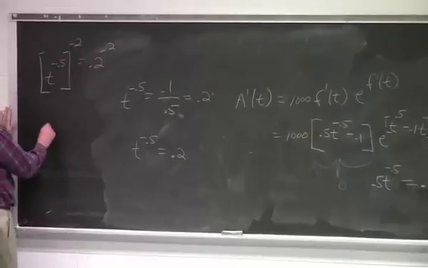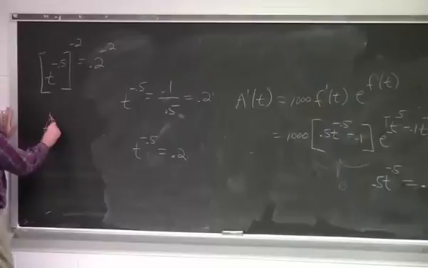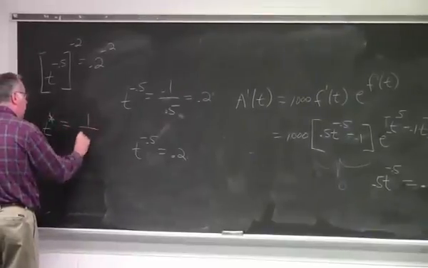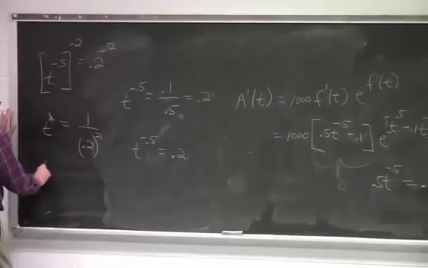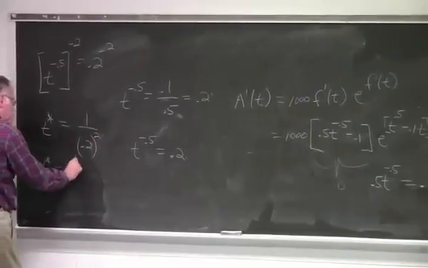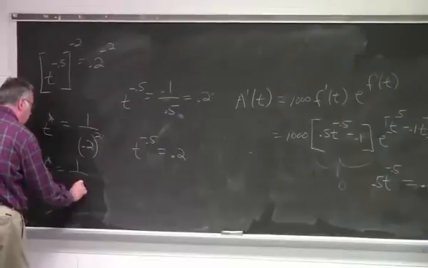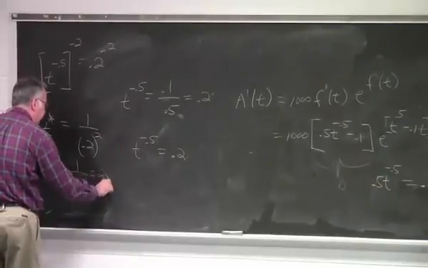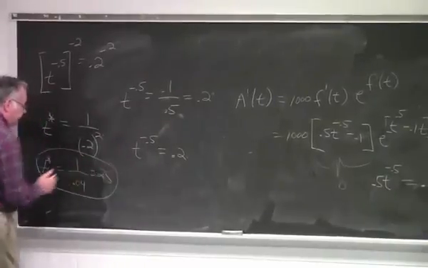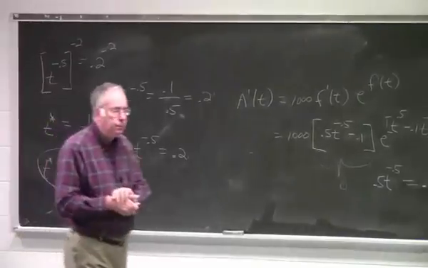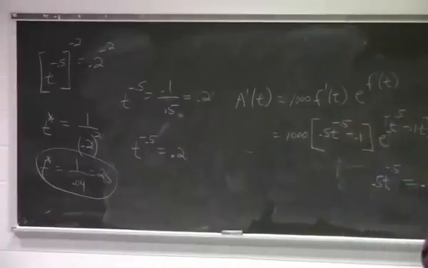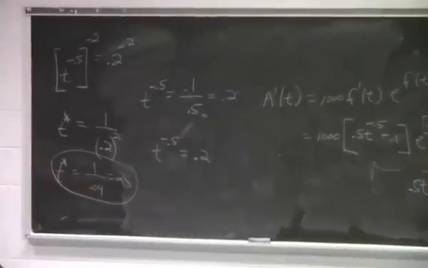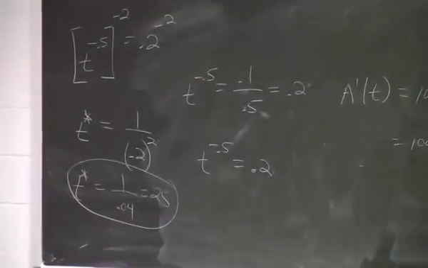So this just becomes t. T star equals 1 over 0.2 to the 2 power. So t star equals 1 over 0.04 or 25. All right. So this suggests that the optimal time to cut down the trees is 25 years, if t is measured in years.